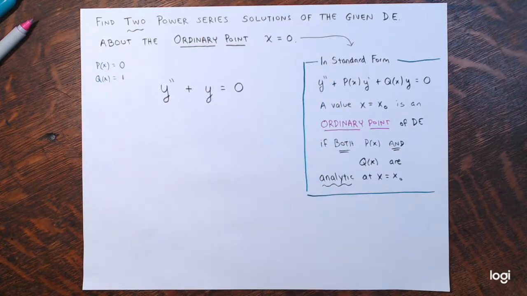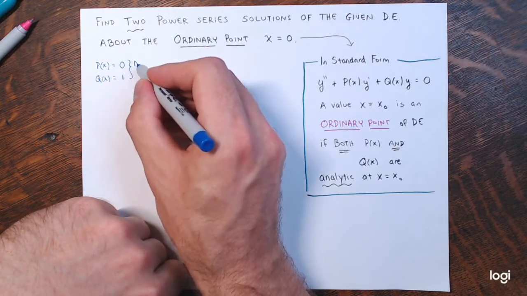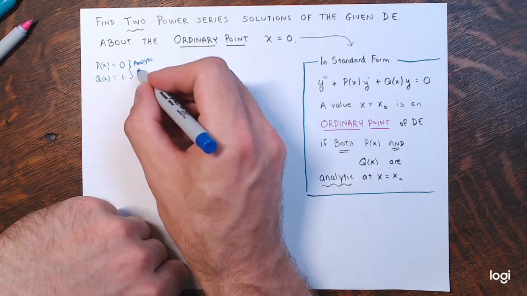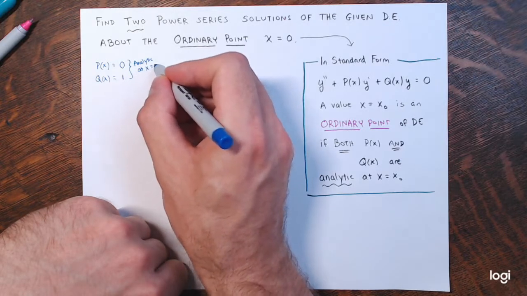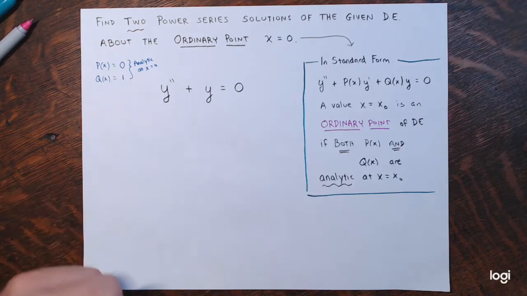Both constants, so very clearly both of these are analytic at x equals 0. I mean, they're analytic for any value of x. So really, any point is an ordinary point of this differential equation.